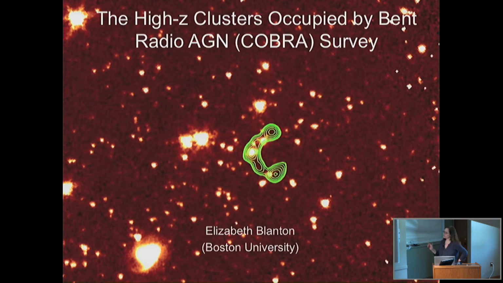So this is a Spitzer infrared image shown here with radio contours of a bent radio AGN superposed. You can see the host galaxy right in the middle, and then you can see the extended jets and lobes coming out into this characteristic C shape.